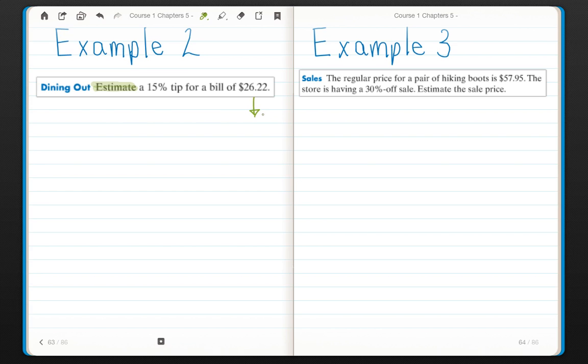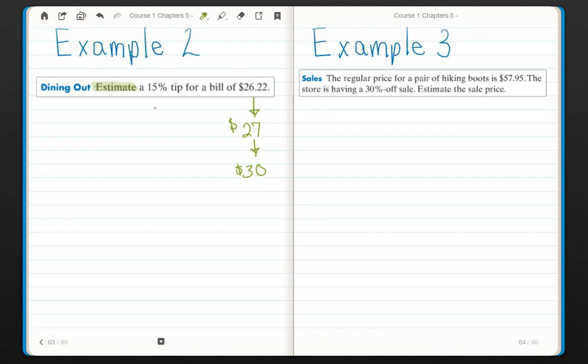So let's go ahead and round that to, let's say, $27. Now, the book is going to leave it at $26.25. For me, that's not estimating. I'm going to round it to $27. You can even round it to $30 if you're feeling generous and had a really good server. Round it up, no worries there.